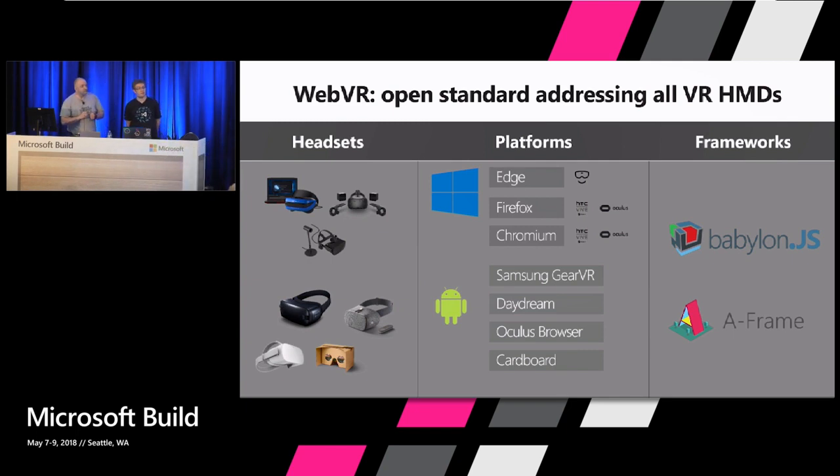Yes, so you're talking about devices, but we now need to talk about platforms. Today there are two main platforms that you can use to develop and address people with WebVR. The first one is Windows with various different browsers like Microsoft Edge, which has out-of-the-box support for WebVR, like Firefox, which also has out-of-the-box support.